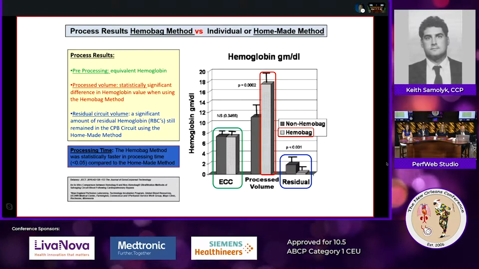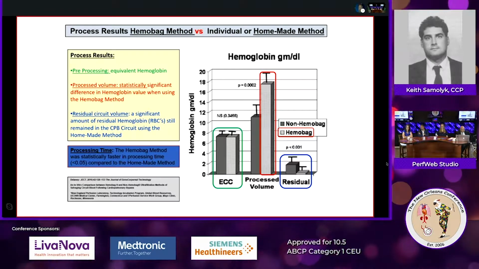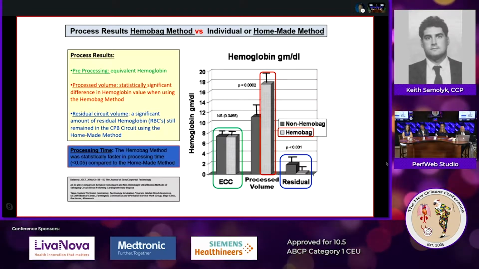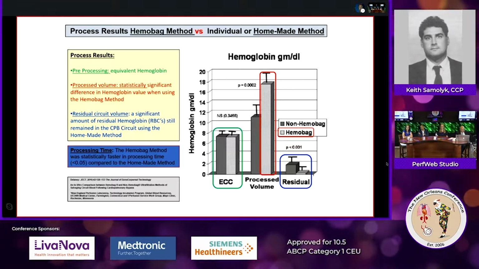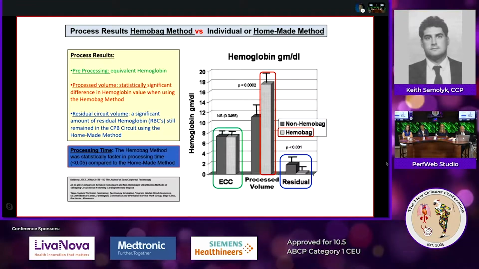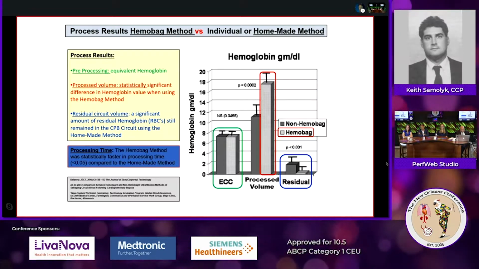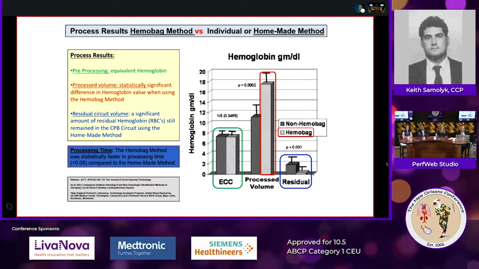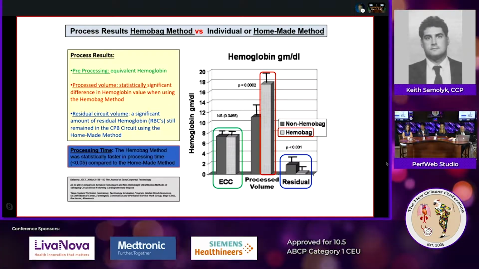On the right-hand side, you'll see what we did. We took 10 circuits, 5 one way and 5 another way, and each time we reduced the amount of volume at the end of the circuit. So we all started off the same volume. So A and B circuit at 500 mLs, A and B circuit at 400 mLs, A and B circuit at 300 mLs, 200 mLs, and 100 mLs.